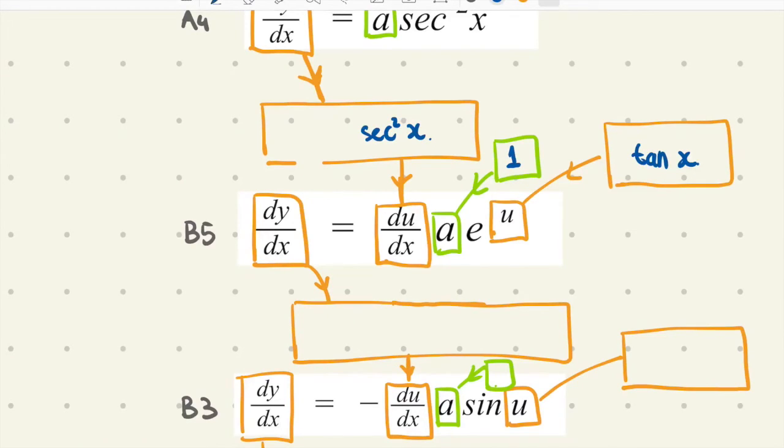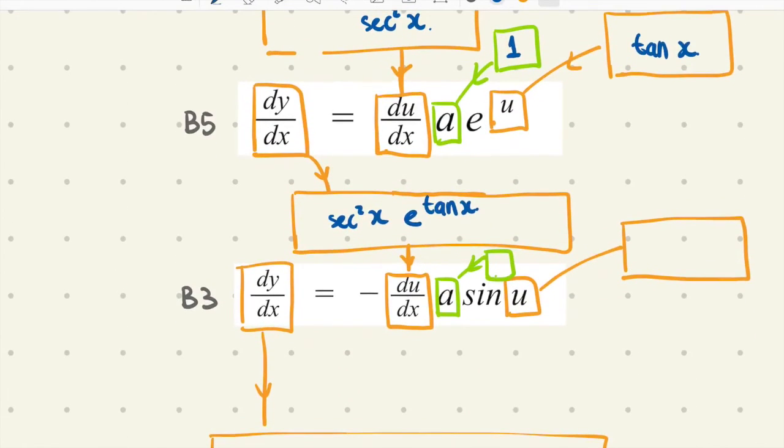Dy dx will be secant square x times 1 e power tangent x. That's du dx. Du dx for B3 or dy dx for B5. Later we are going to substitute du dx with secant square x e power tangent x.